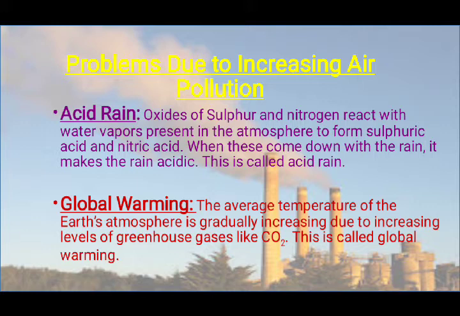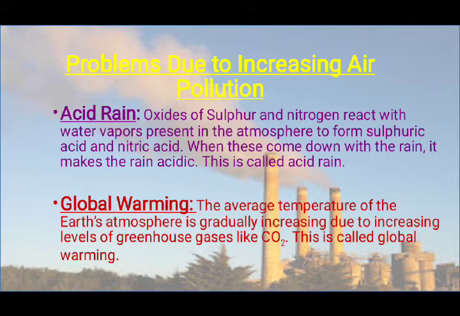Now, when this sulfuric acid and nitric acid come down with rain, it makes the rain acidic. This is called acid rain. This acid rain is very harmful for not only the living but the non-living things also.